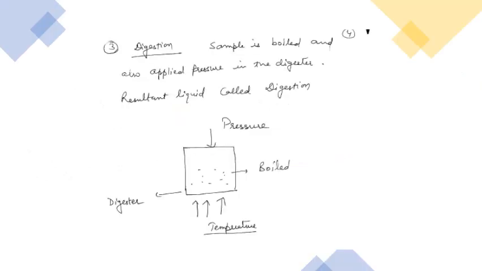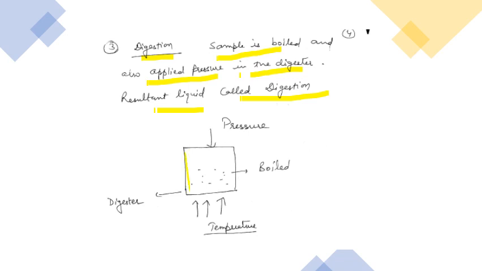Now the other method of the extraction is the digestion method. In this, the temperature and the pressure play the role. The sample is boiled and pressure is also applied in the digester. Simultaneously, the temperature and the pressure cause the extraction, and the resultant liquid which we get is called the digestion liquid. This process is carried out in a digester.